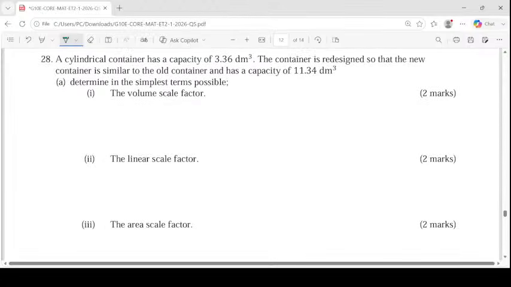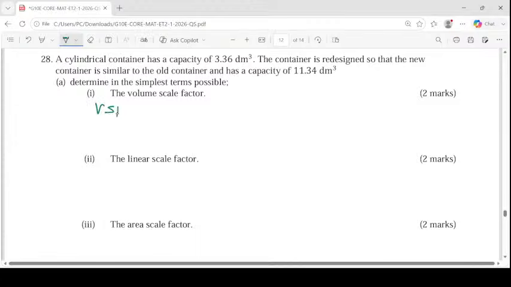Question 28. A cylindrical container has a capacity of 3.36 decimeter cubed. The container is redesigned so that the new container is similar to the old and has a capacity of 11.34. Determine in its simplest form the possible volume scale factor.